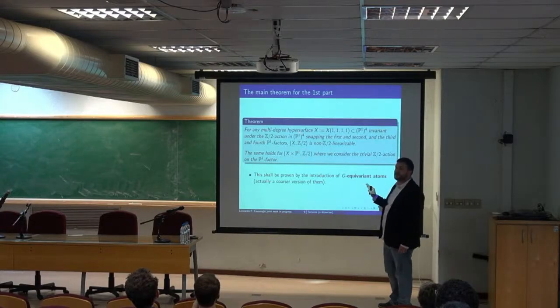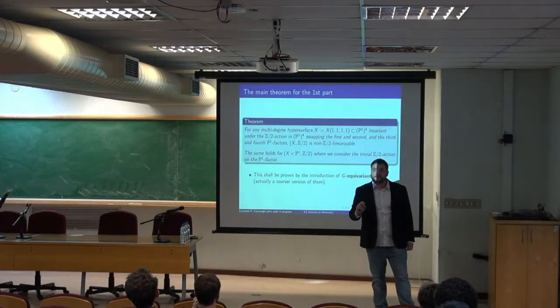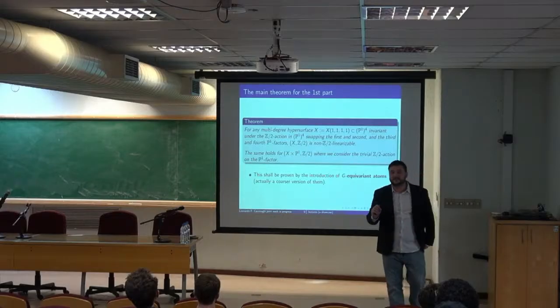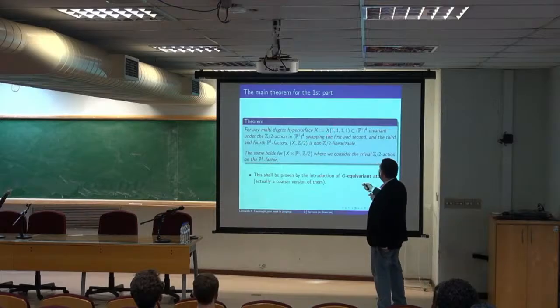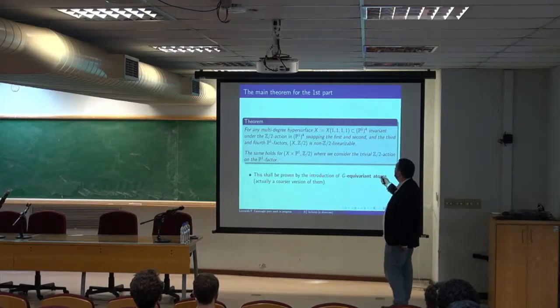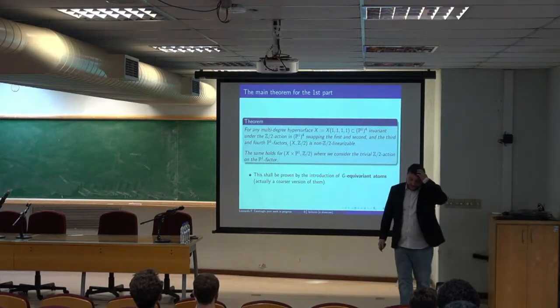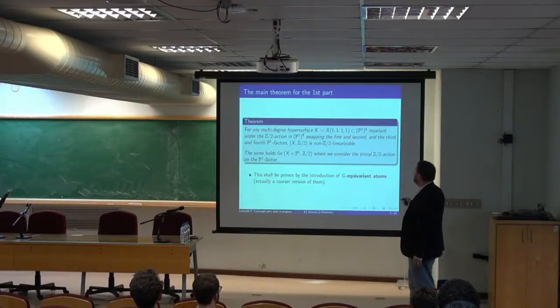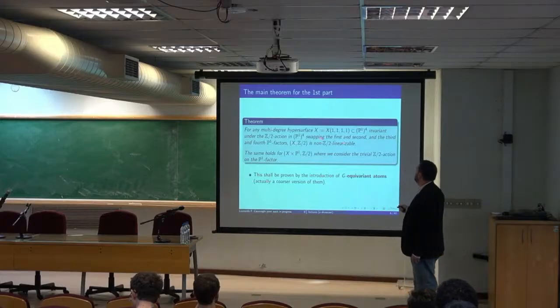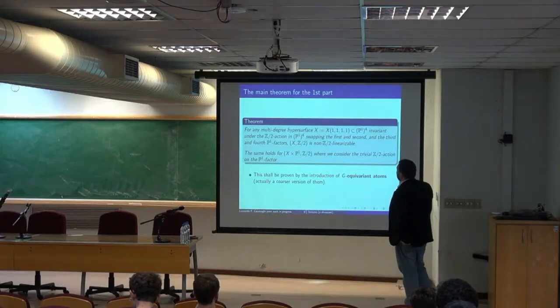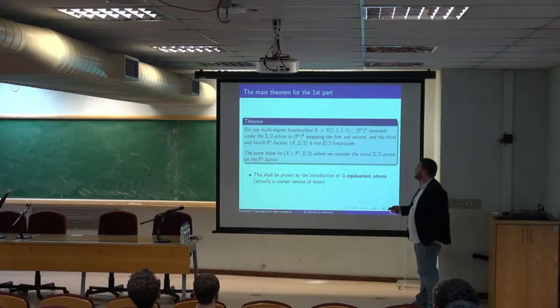here is not Z2 linearizable, meaning you cannot find a linear Z2 action on P3. This is three-dimensional, so it's a hypersurface sitting in this four-dimensional guy. You cannot find a Z2-equivariant birational map between X with this induced action and P3 with a Z2 action.